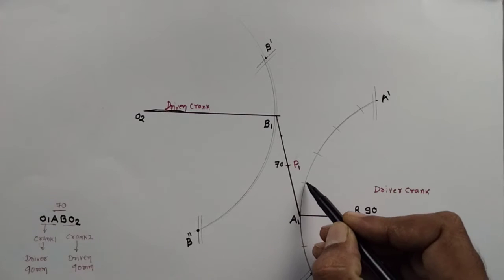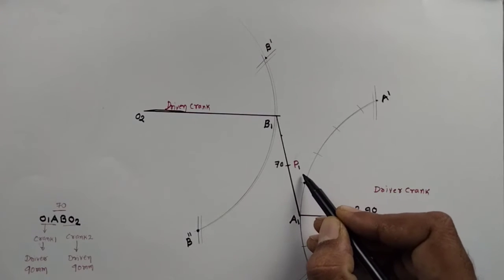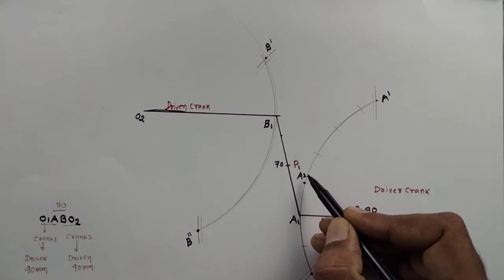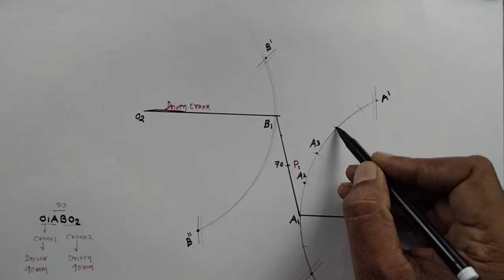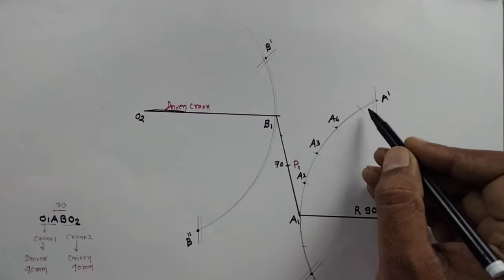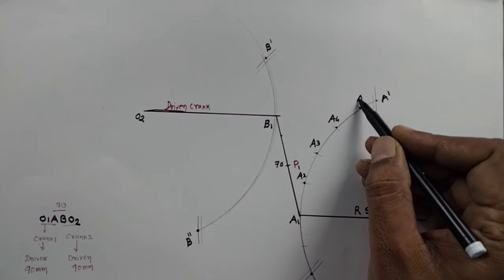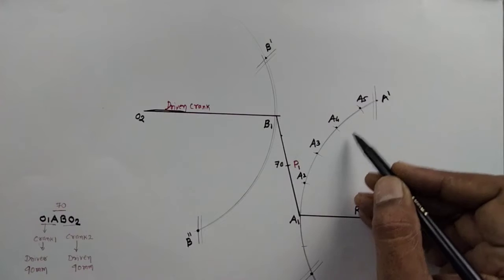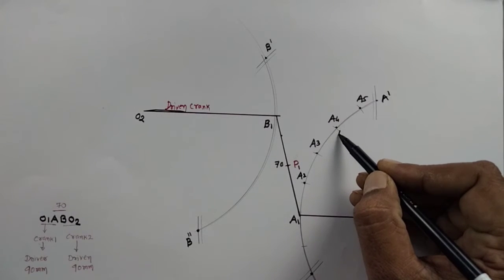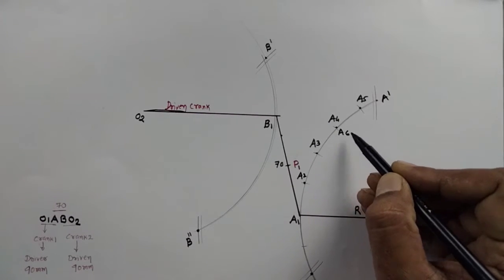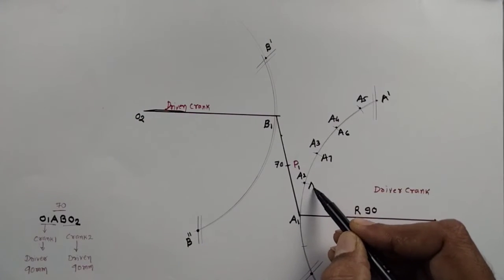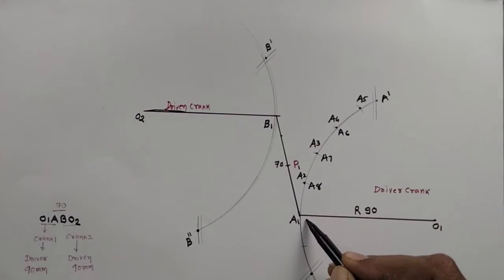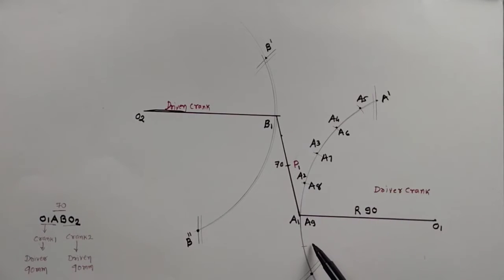So this is my A1, then it is our A2, A3, A4, A5. Now during the downward movements, this is my A6, A7, A8, A9, A10.